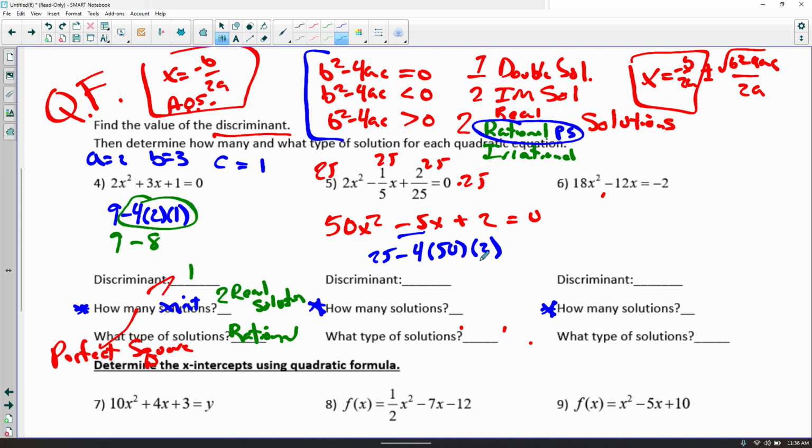What do you notice about 4 times 50? 2 times 50 was 100, and 100 times 4 was 400. 400 minus 25. You got negative what? 375. So how many intercepts are there? 2 imaginary. All right. So we actually have 2 imaginary solutions because that is negative.